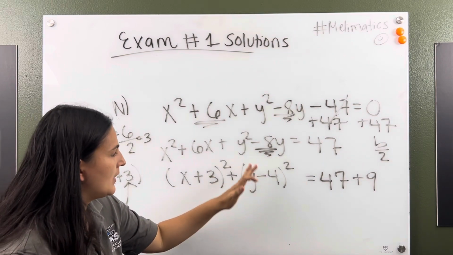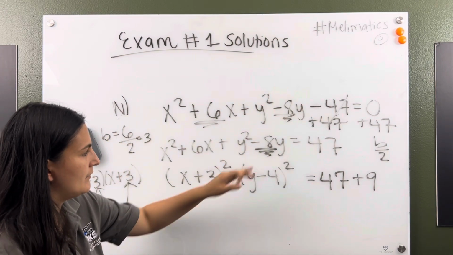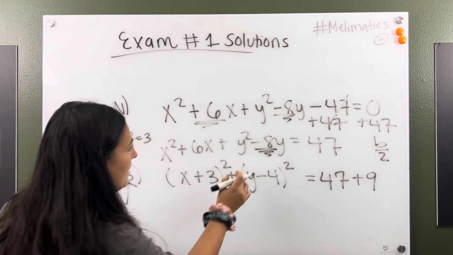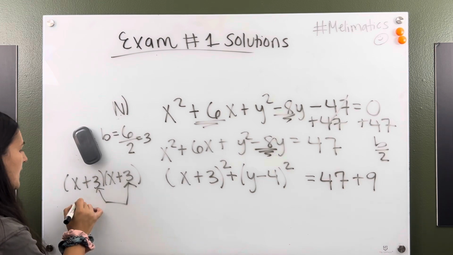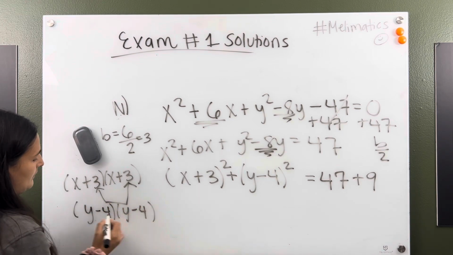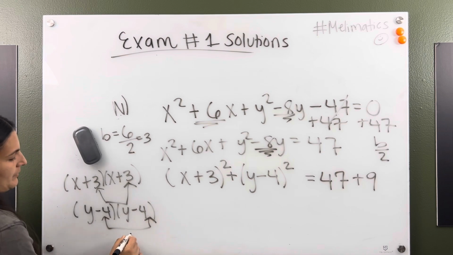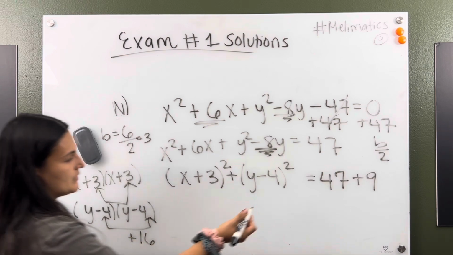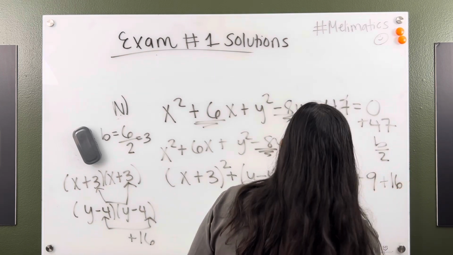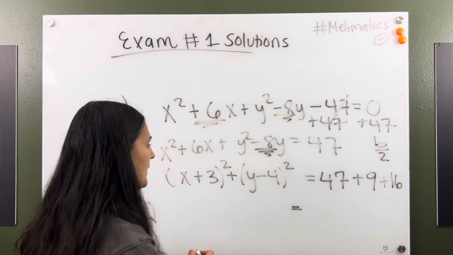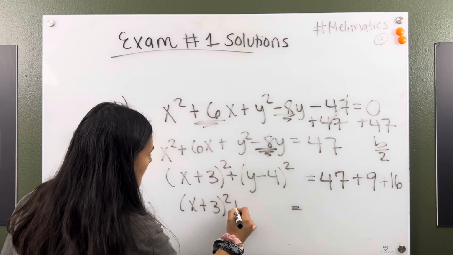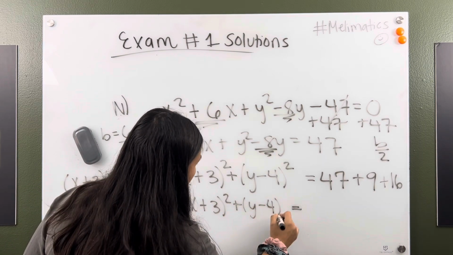This gets me my negative 8y back, but it adds the extra L in FOIL, which is negative 4 times negative 4. Okay, so that extra 16 that we're adding in there to make this happen, I need to also add the 16 on the right hand side. Okay, so now just add the numbers on the right hand side, and we'll be able to use the standard form of a circle to find the center and the radius.